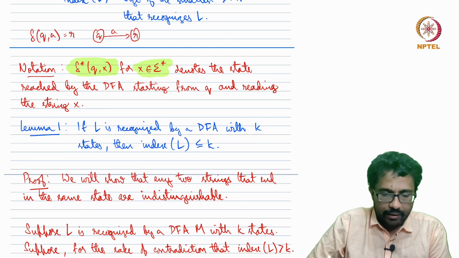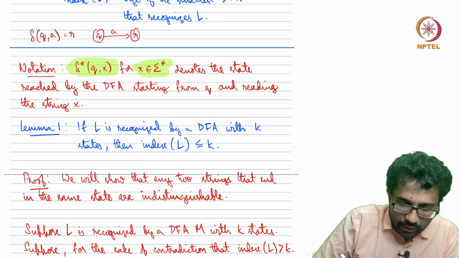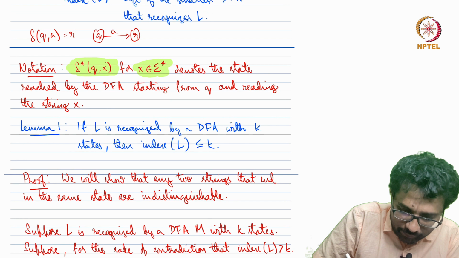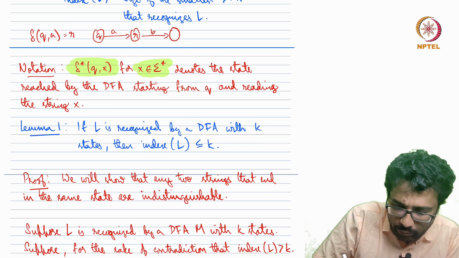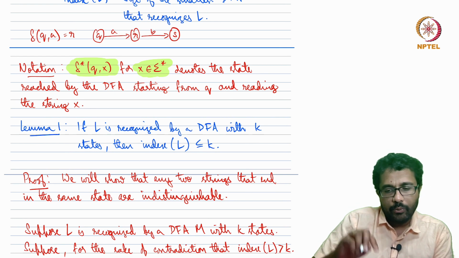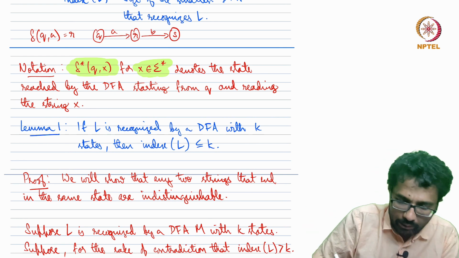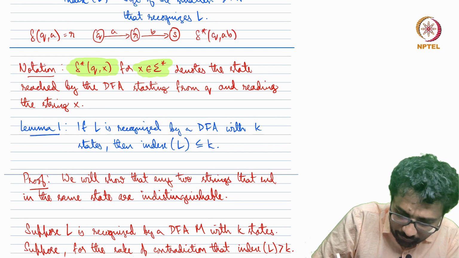So for instance, x could be ab. Suppose now if you read ab, you get to state s. So if you read ab from q, you go to r and then go to s. So then you will say delta star (q, ab) is equal to s.